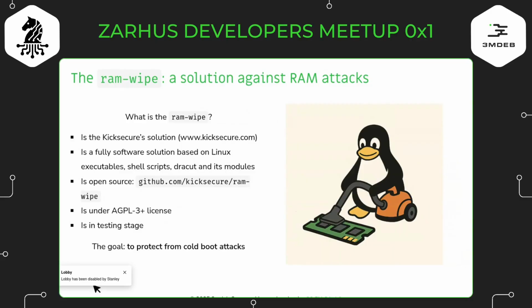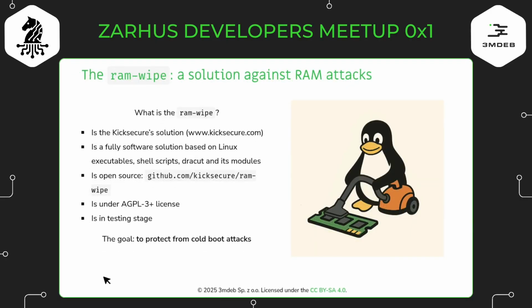So what is RAM wipe? RAM wipe is a fully software solution based on Linux executables, shell scripts, Dracut, and its modules. It was developed by Kicksecure, is open source, is under the GPL license, and currently is in the testing stage.